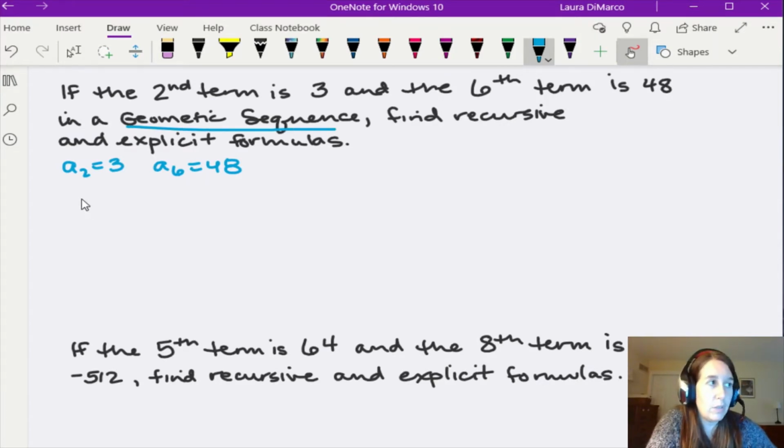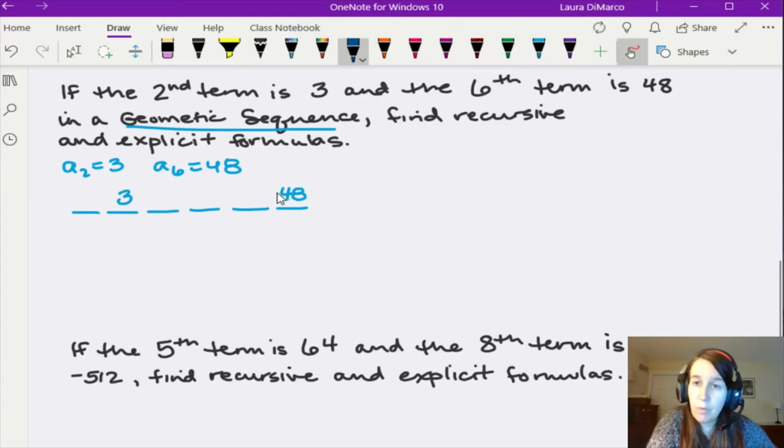So in this one, since we know the second term, maybe we should just write that. So this is a sub 2. This would be a sub 1, but we don't know what number that is at this point. So this is 2, 3, 4, 5, 6. And this number here is 48, right? Now what we do know is that each time to get from 3 to 48, we need to be multiplying by the same thing.